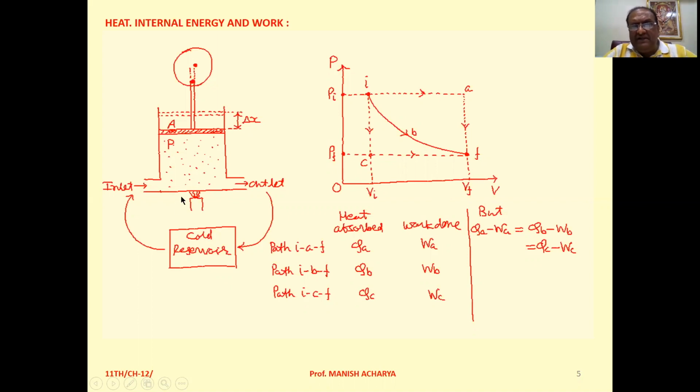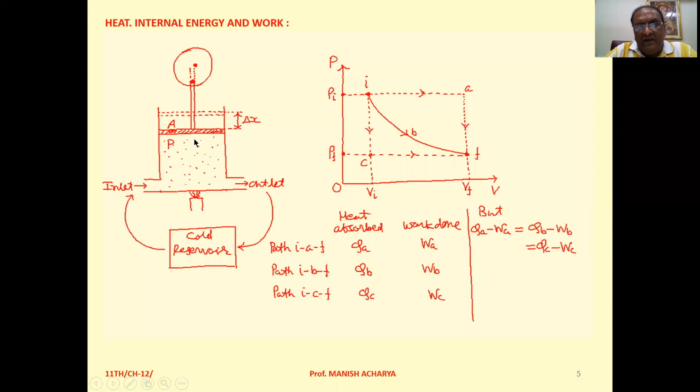First think like that, the inlet and outlet valves which are represented here in the figure are not there. Now suppose heat is supplied to the gas. Then expansion of gas will take place.